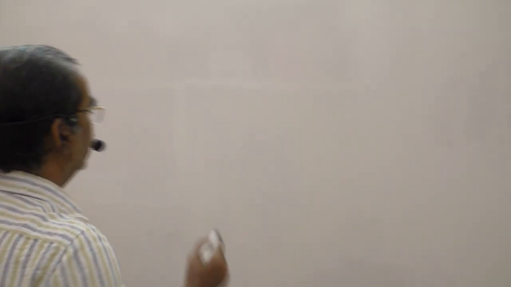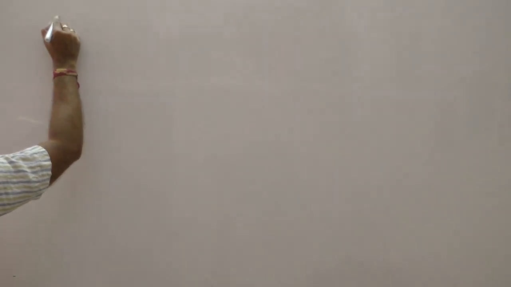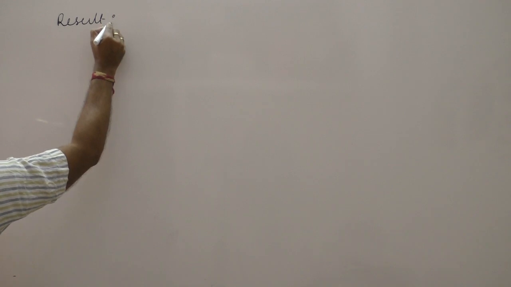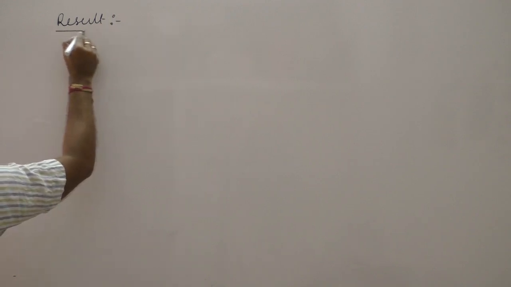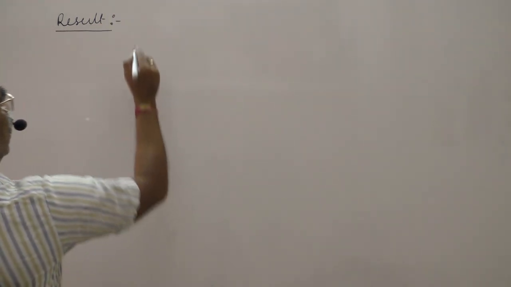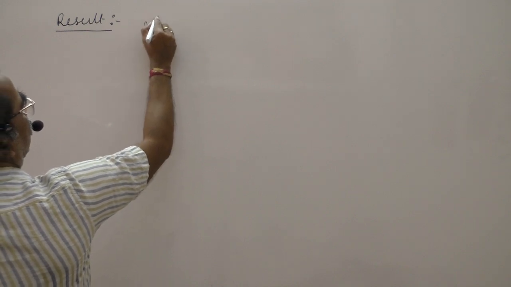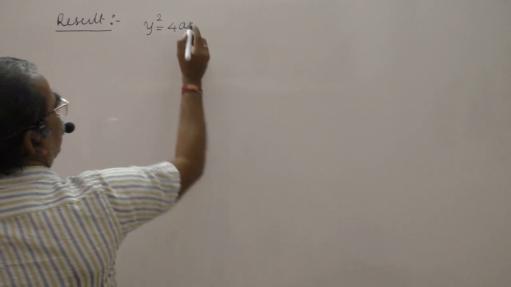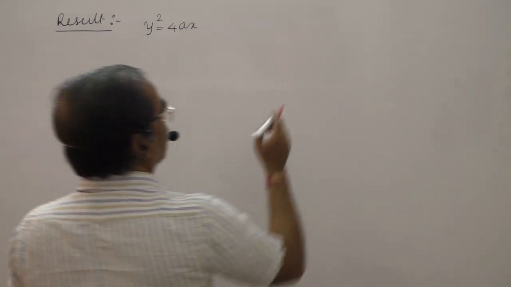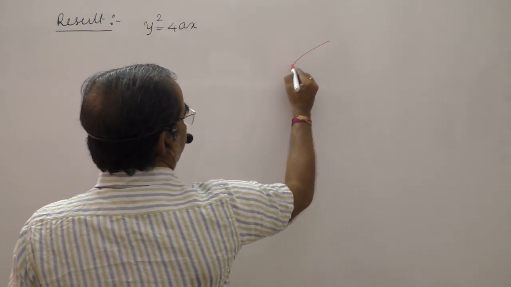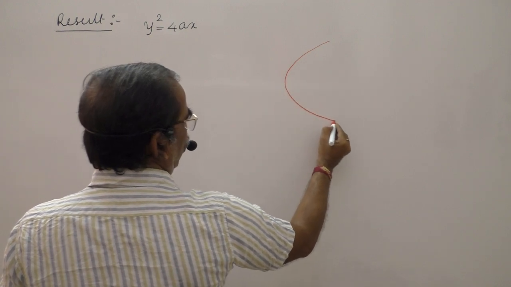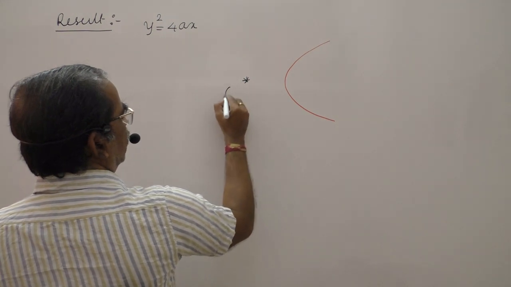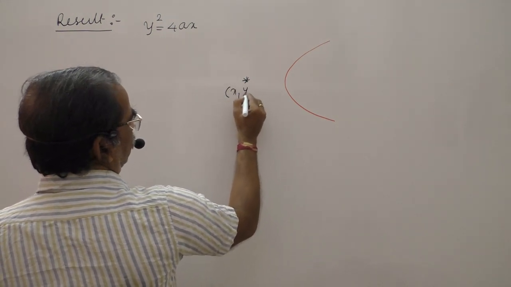After that we will see another important concept, an important result. See carefully. A parabola is given, y² = 4ax, and a point is given (x1, y1), which is an external point.